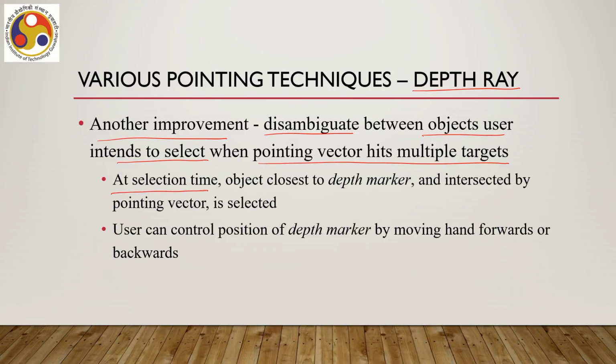At the time of selection, the object closest to the depth marker and intersected by the pointing vector is selected. So, there is an additional aid used called the depth marker to do the disambiguation, and the user can control the position of the depth marker by moving the hand forwards or backwards.